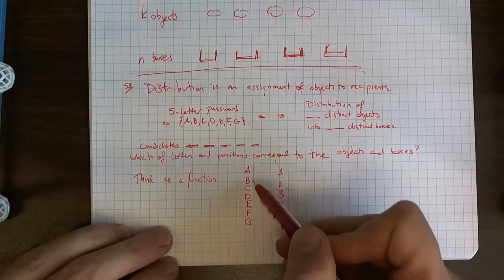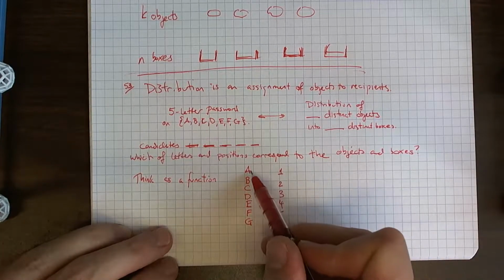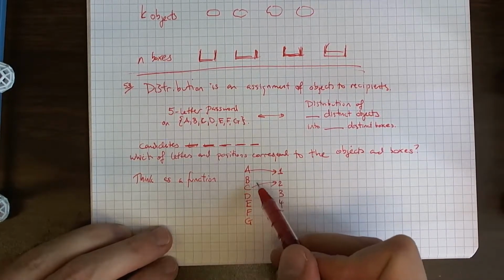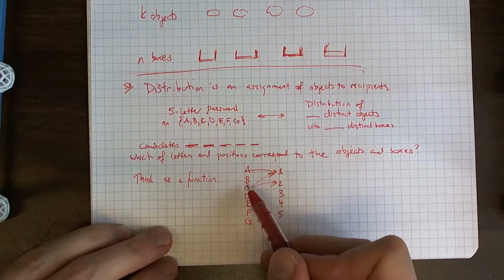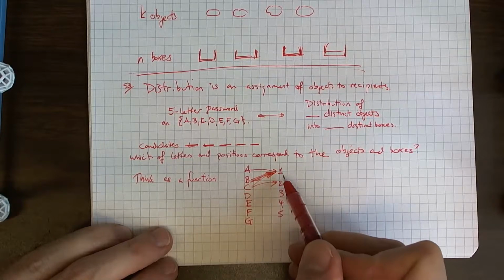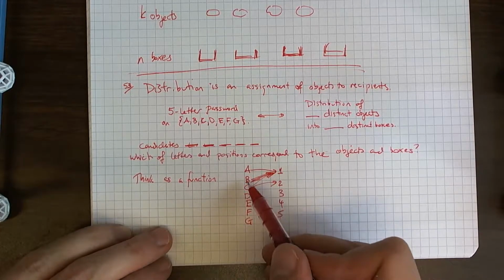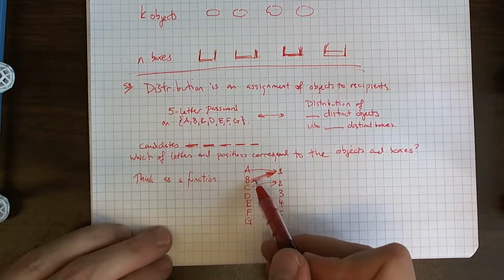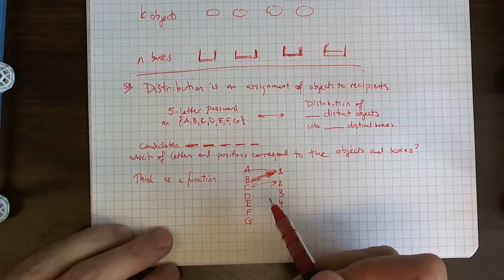That means that every letter has to be sent to some number. But what would that correspond to if we sent A and B to number 1? It's kind of saying that position 1 has both A and B in it, but that doesn't make any sense.